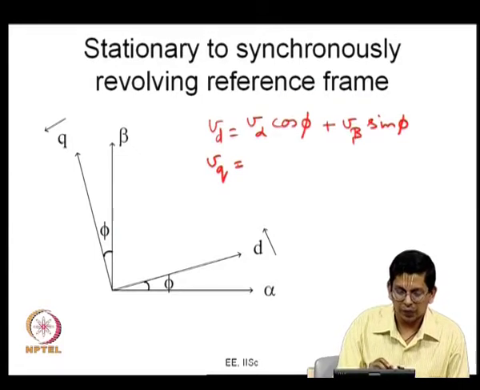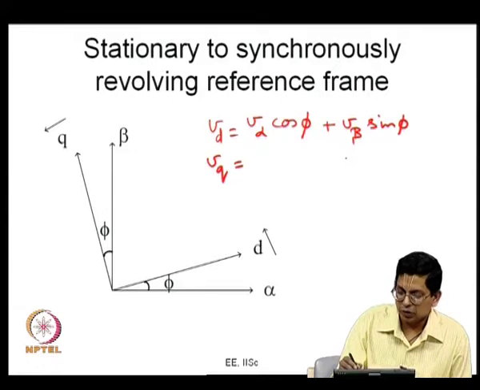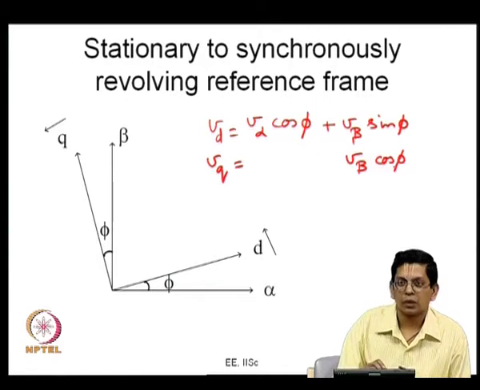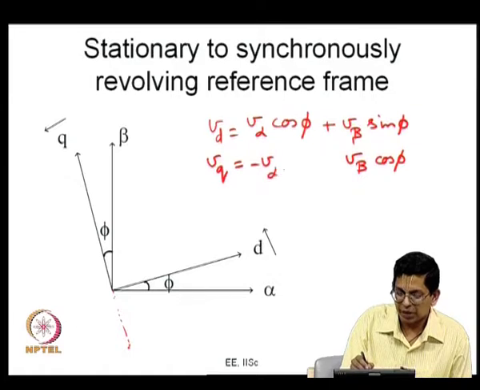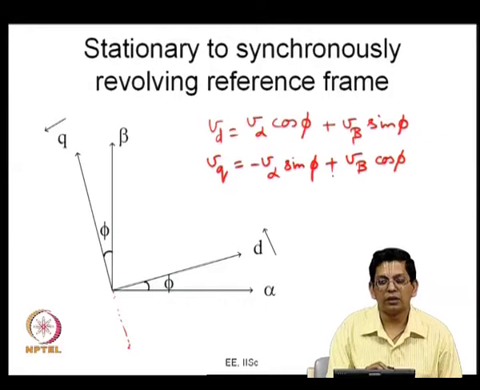Then you can also compute the voltage along the Q axis. If it is V beta, it is very clear, that is going to be V beta times cos phi. And V alpha sin phi is going to be something in this direction, and it is opposite to the Q axis. So, this is minus V alpha sin phi plus V beta cos phi.